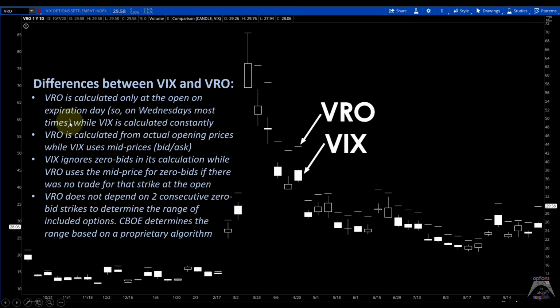I include the "most times" caveat because if your standard SPX expiration that's 30 days out is a holiday and it gets moved ahead to a Thursday, then the VIX expiration 30 days before that is also going to be moved to the Tuesday, and then you're going to be able to trade it only until the Monday instead of expiring on a Wednesday and trading it only until the Tuesday.